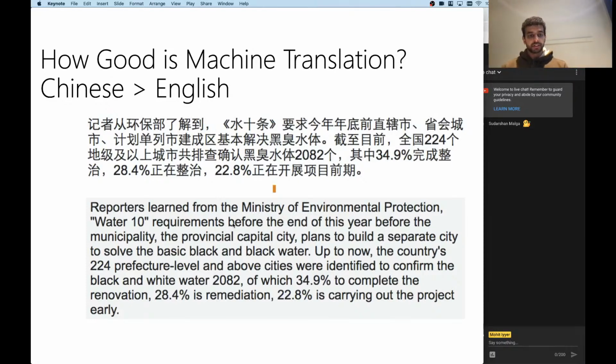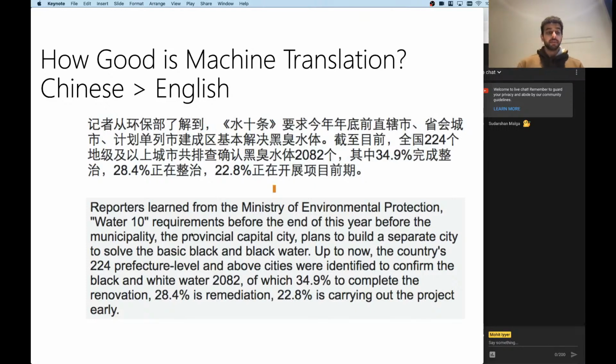So reporters learn from the ministry, water 10 requirements before the end of this year, before the municipality, the provincial capital city, plans to build a separate city to solve the basic black and black water. Up to now, the country's 224 cities were identified to confirm the black and white water. This number, which may be a year, I suppose. At least it managed to copy these numbers, but overall, this is not really a great translation.